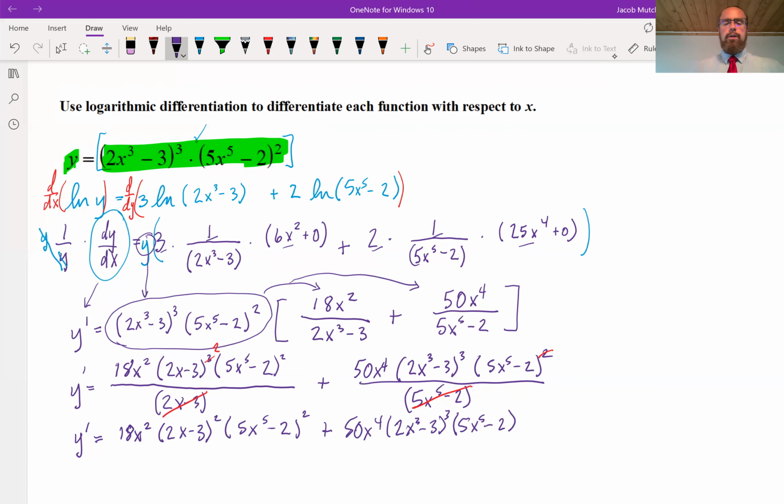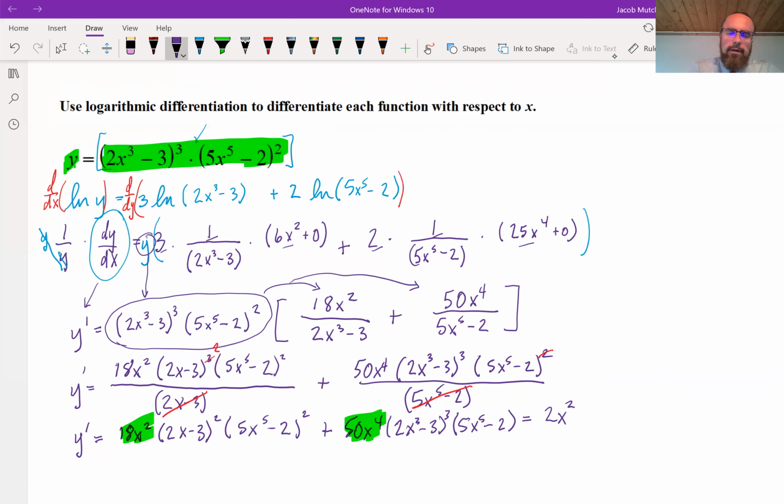So what I want to look for now is, can I factor anything out of both those two terms? If I could write this as a product instead of a sum, that would be advantageous. So I see that 18x squared and 50x to the power of 4 share a common factor of 2x squared. So I'm going to factor that out.